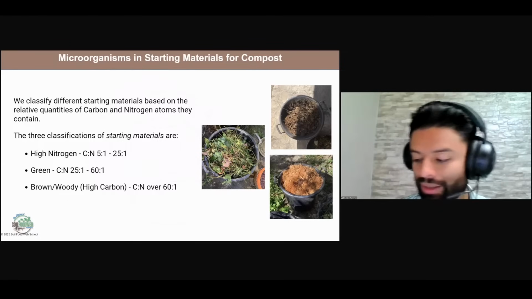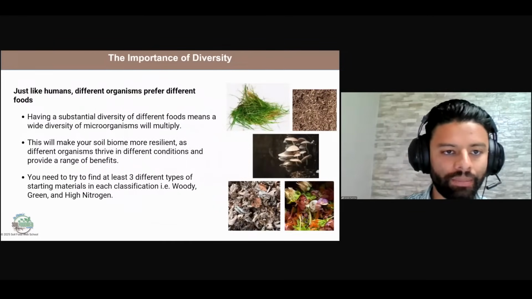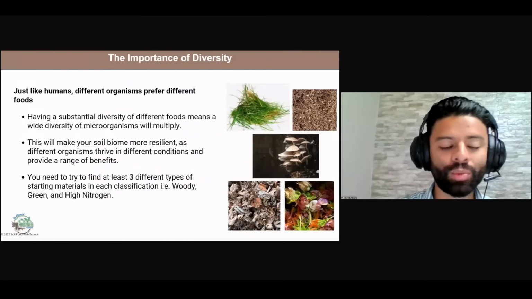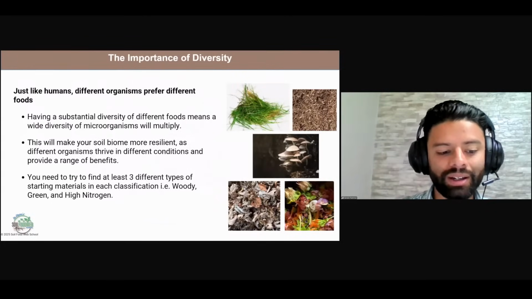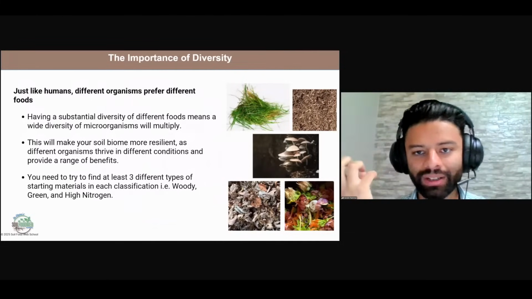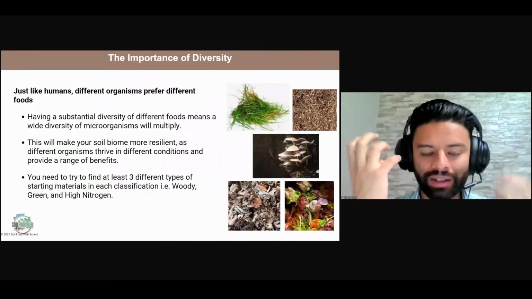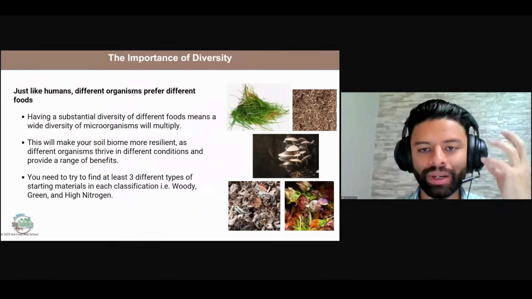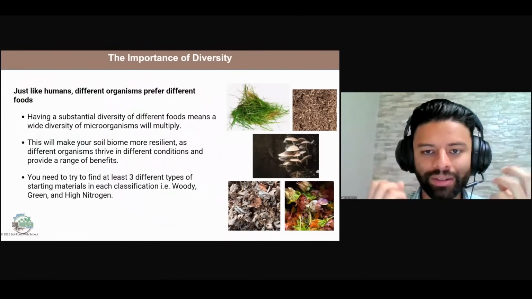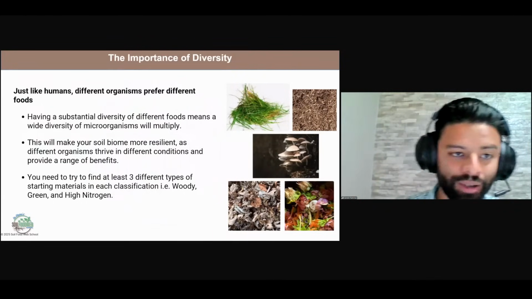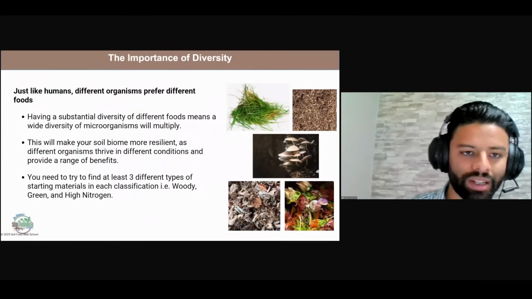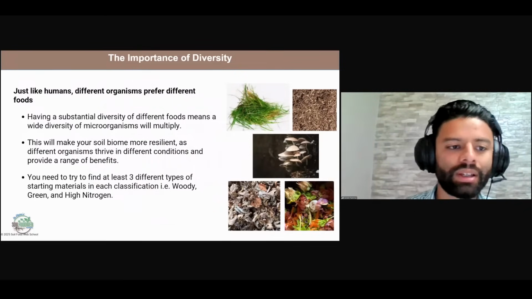Why do we make this distinction? It's basically because we are, again, building compost piles for inoculum. We know that we need the bacteria, the fungi, the protozoa that Carla was talking about, and by using different sets of materials, we are stimulating different populations. Just like humans, again, different organisms prefer different foods.